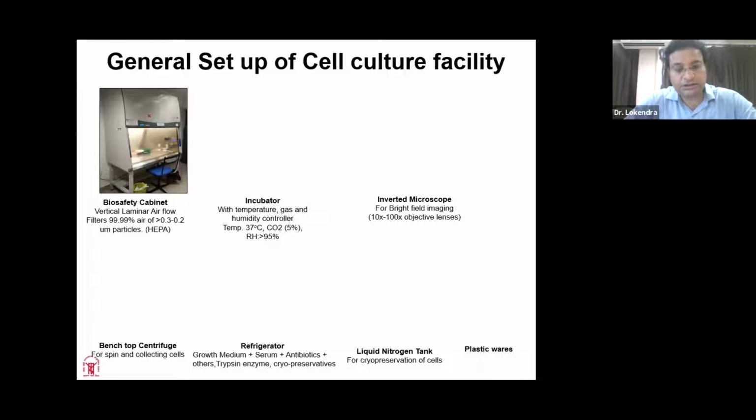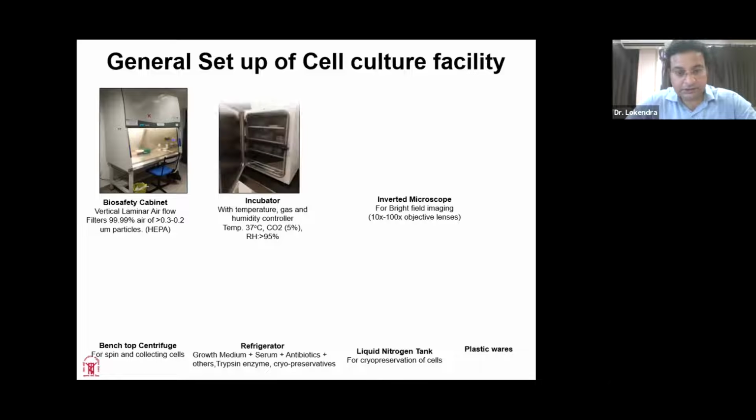For example, in today's scenario, dealing with the COVID virus requires a BSL 3 facility when you are dealing directly with the virus particle or viral samples. BSL 4 is for much more highly infectious, contagious diseases. So BSL 3 and 4 are used for high infectious levels.